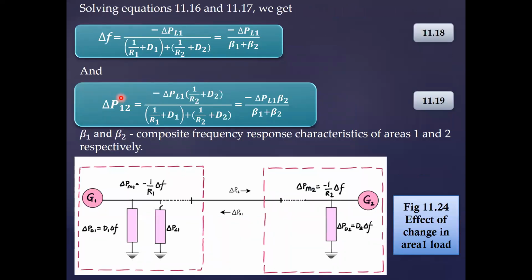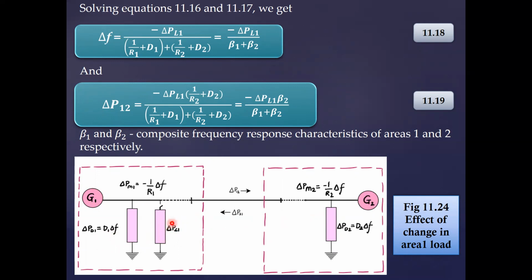Then we calculate what should be the amount of power flow through the tie line here. What we observed is that this is the generator in area 1 and the generator in area 2, and we have the load here.